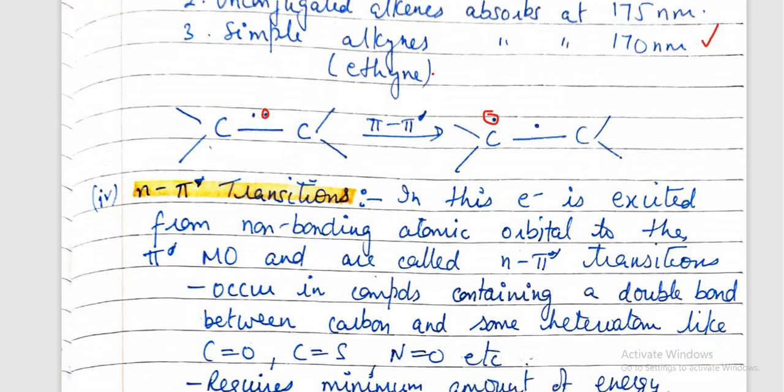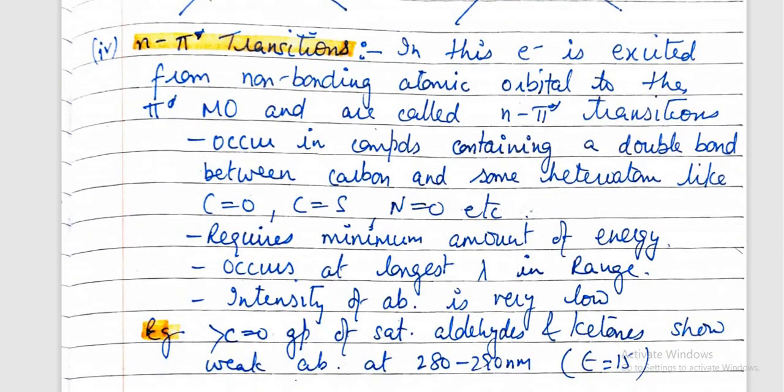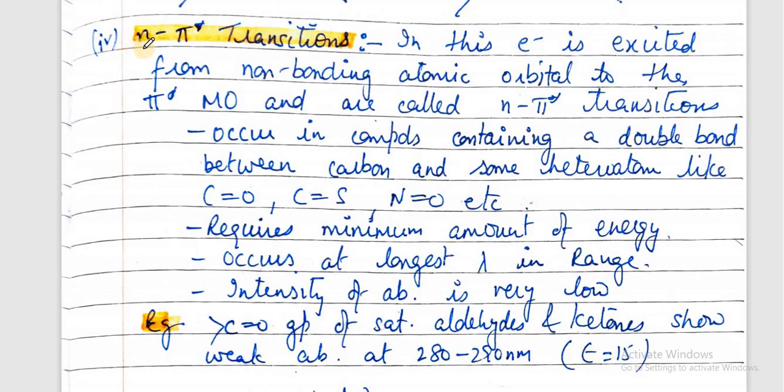Next, n to pi star transitions. As the name indicates, a non-bonding electron gets excited to a pi star antibonding molecular orbital, and this type of transition is called n to pi star transition.